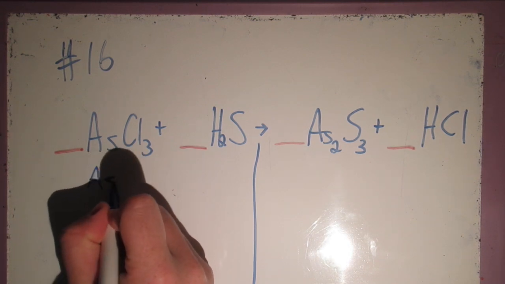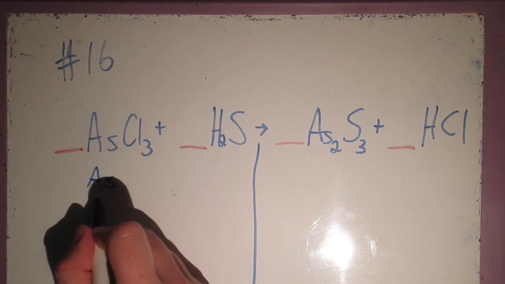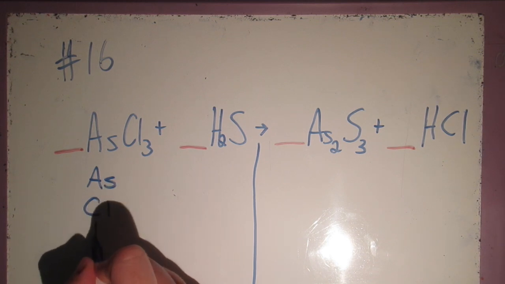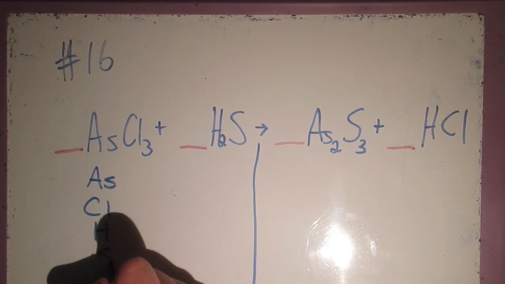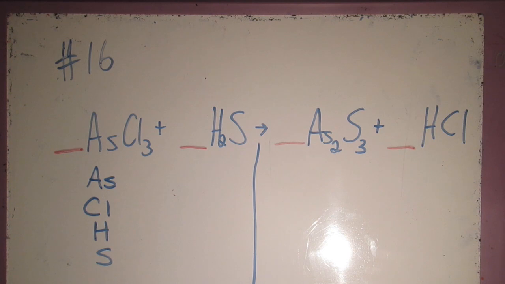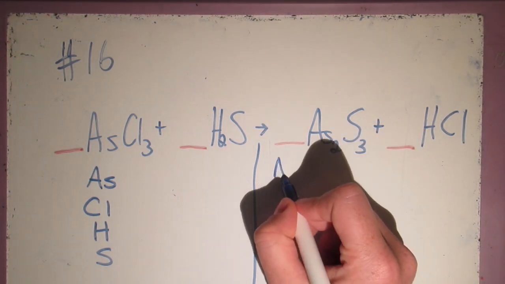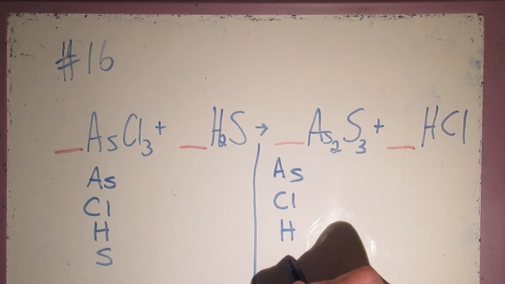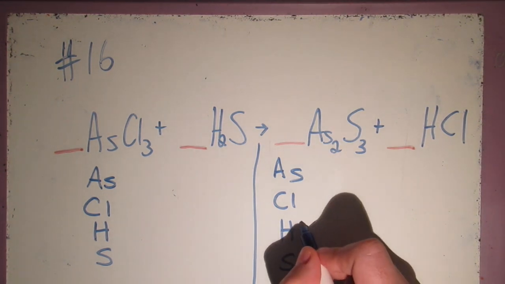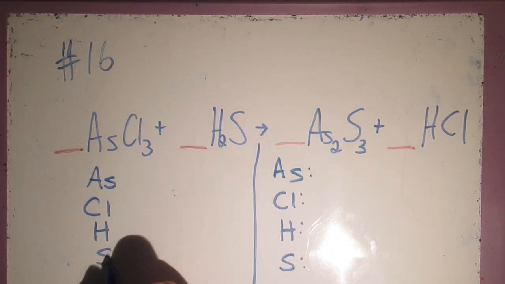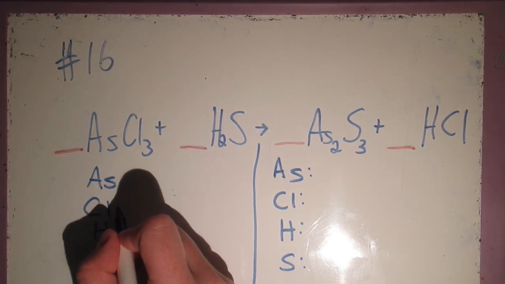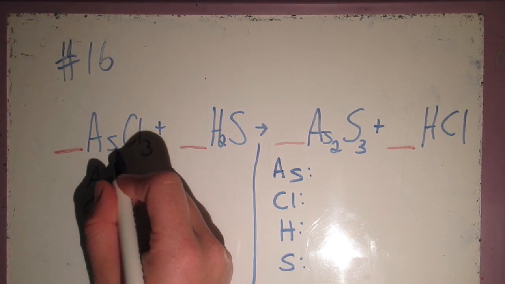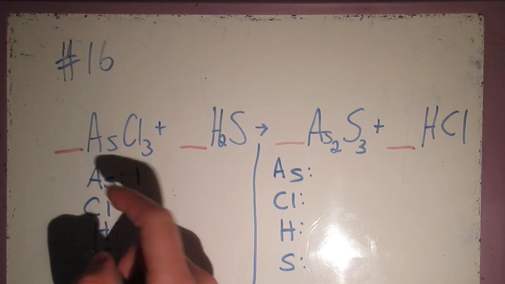So I've got As, Cl, H, and S. Okay, and then write the exact same thing on the other side in the same order. And now we get to count them. So start with As, got 1, no subscript.